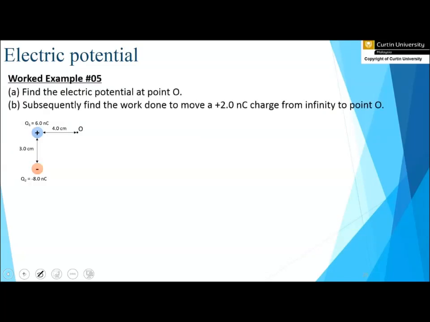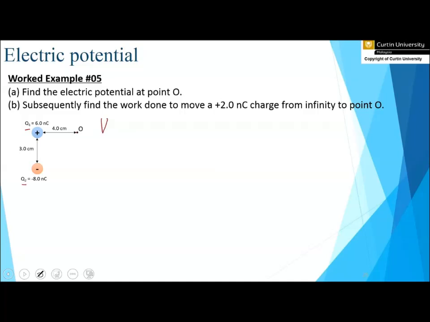Okay, now we try the example. Find the electric potential at point O. At this point, the potential at point O is contributed by Q1 and Q2, correct?